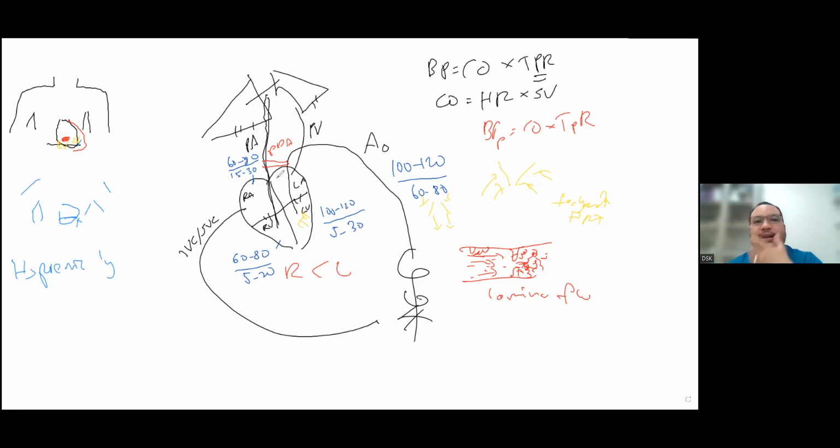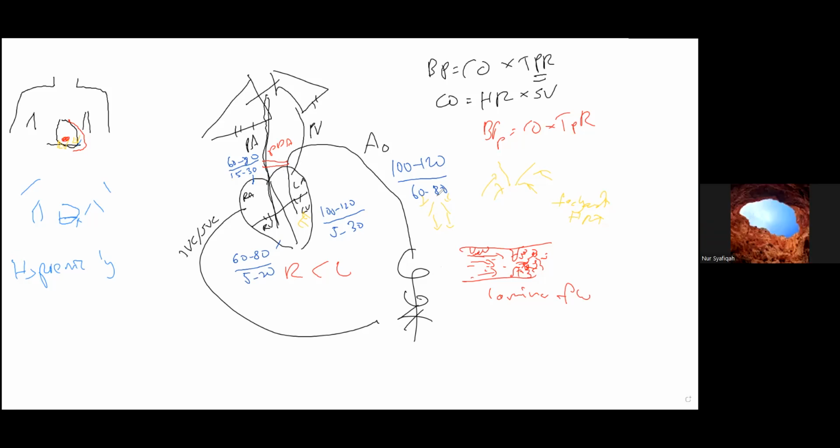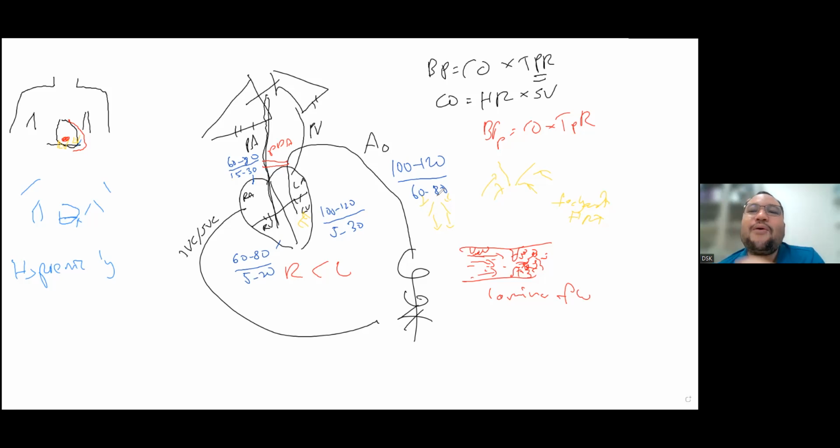Okay, now let's look at what happens to our pulse. What happens to the BP? Does the BP drop? The BP drops. So is our body happy or not? Not happy. Our body will compensate. How does our body compensate?